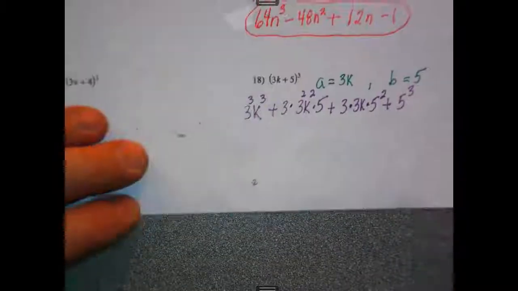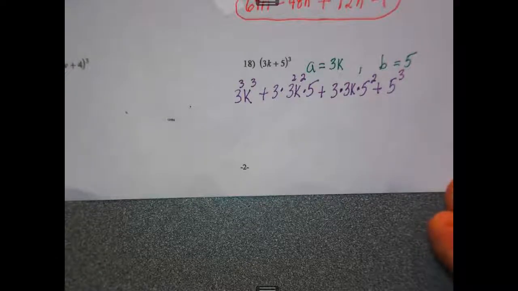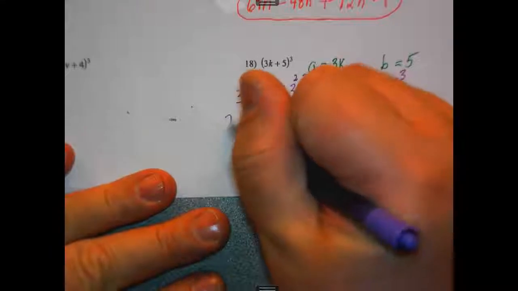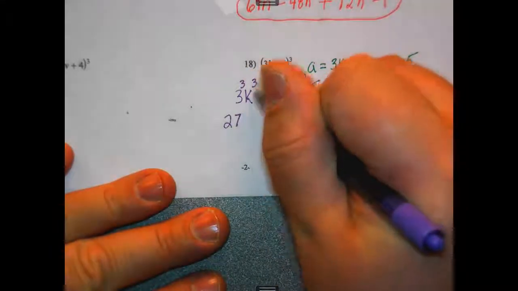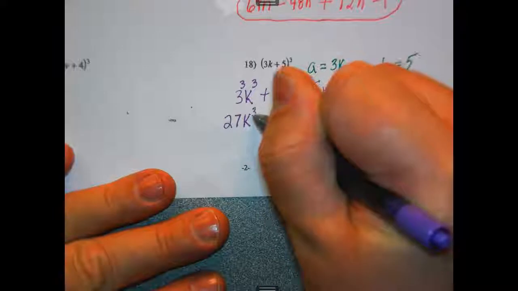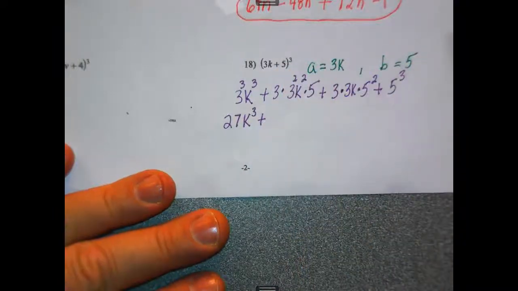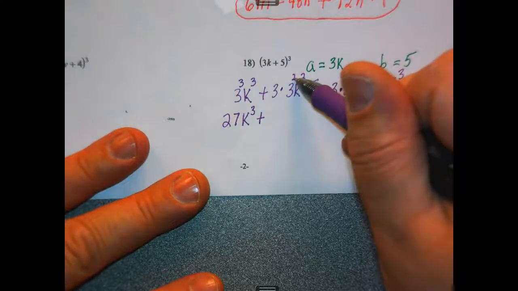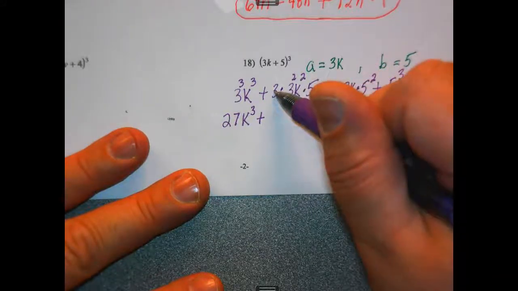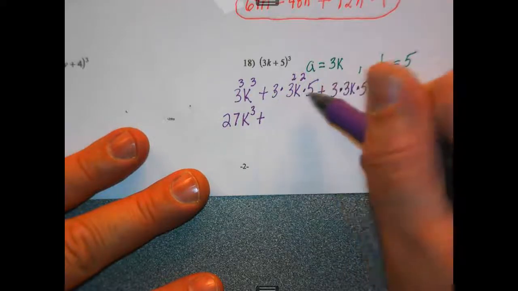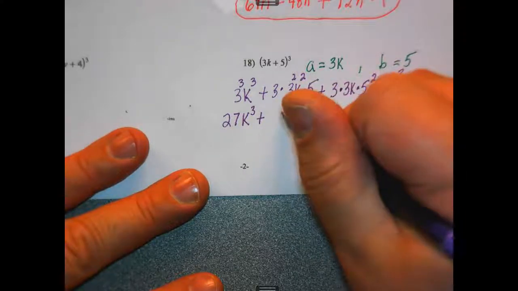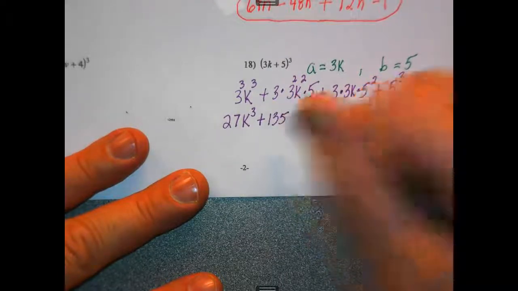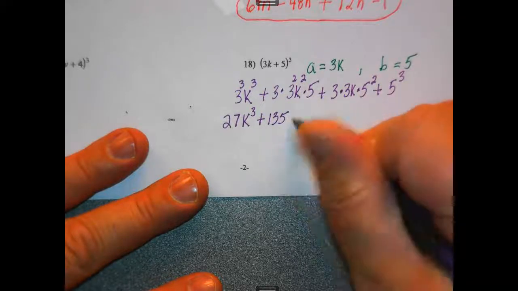Okay, substitution is done. I just gotta simplify this correctly. 3 cubed is 27. K cubed stays. 3 squared is 9. 9 times 3 is 27, times 5 is 135 k squared.